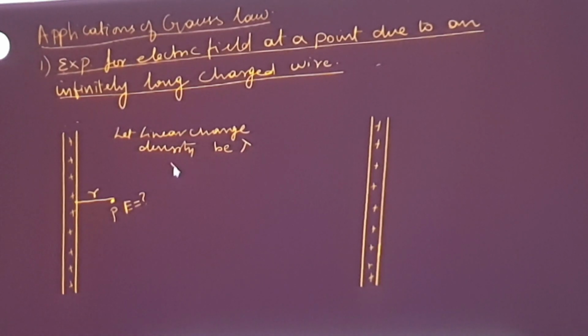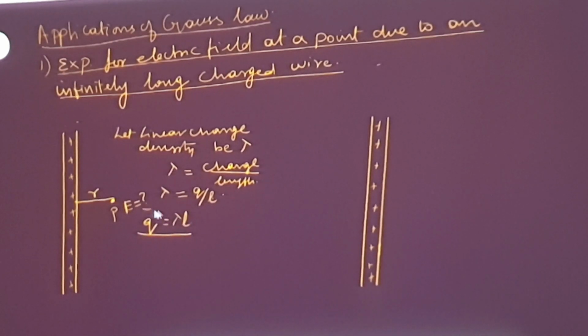What do you mean by this lambda? Linear charge density is nothing but charge per unit length. That is, lambda equals Q divided by L. For a given length L, the total charge available will be equal to lambda into L.